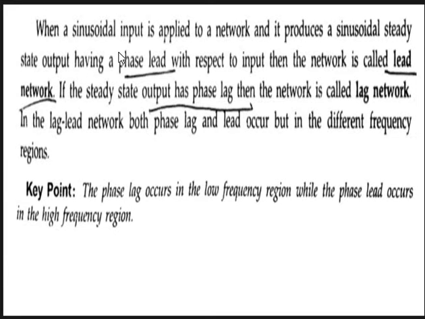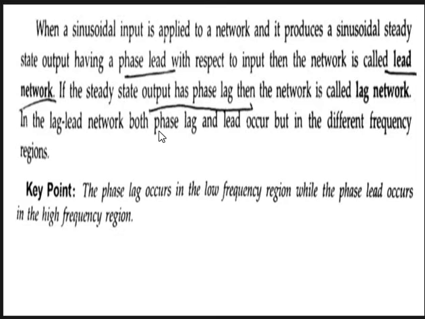When a sinusoidal input is applied to a network and it produces a sinusoidal steady state output having a phase lead with respect to the input, then the network is called a lead network. If the steady state output has a phase lag, then the network is called a lag network.